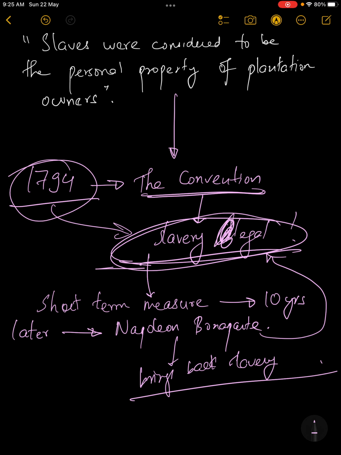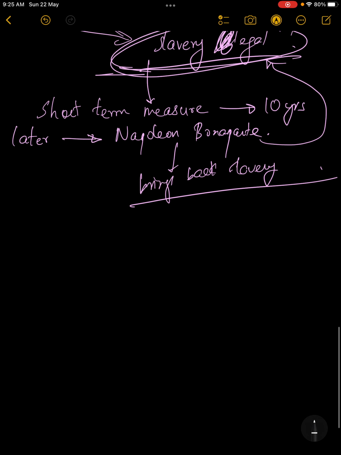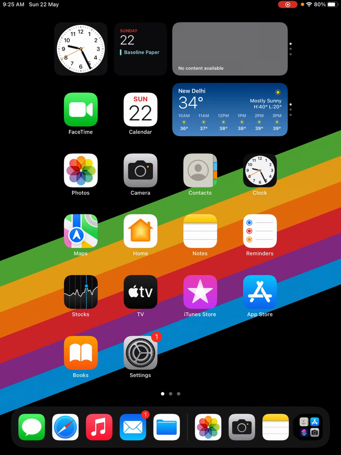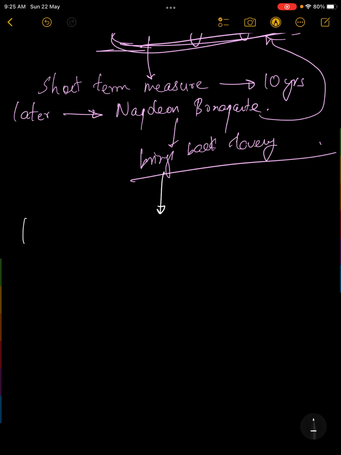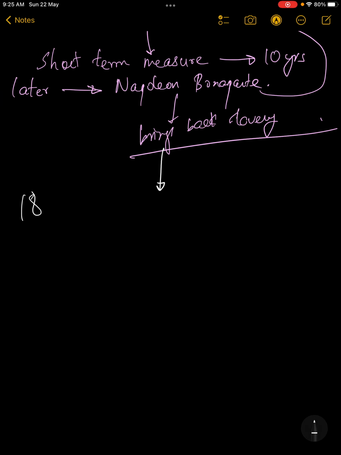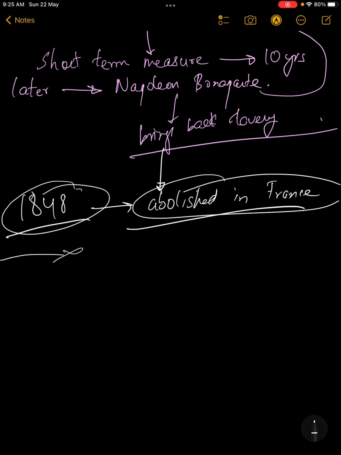So this is a huge issue. But eventually, way after Napoleon's death, in 1848, slavery is finally abolished in France for good.